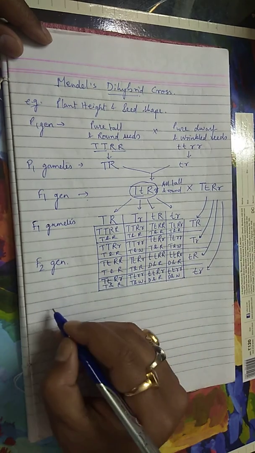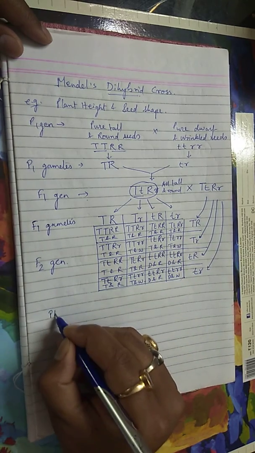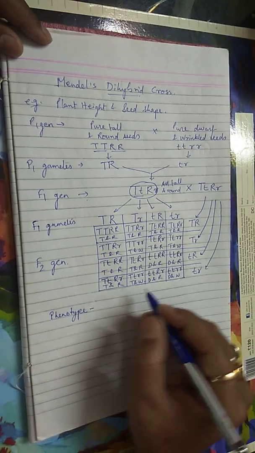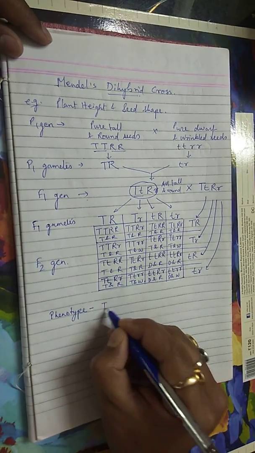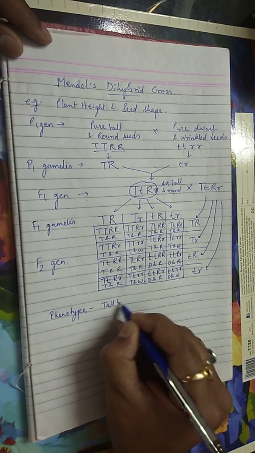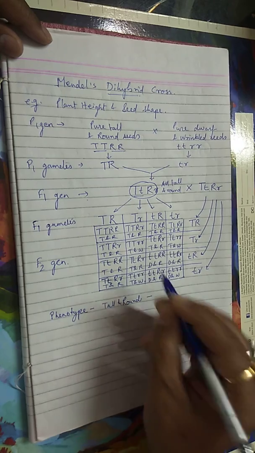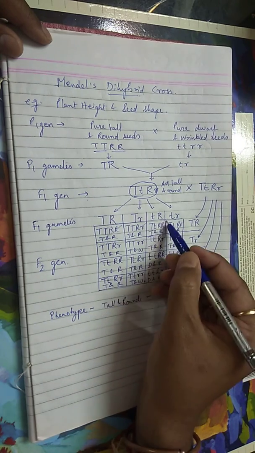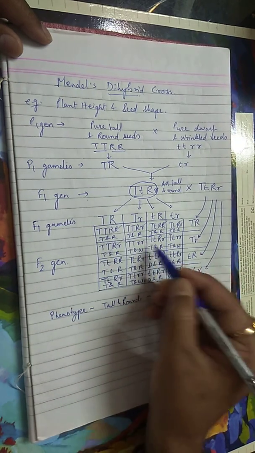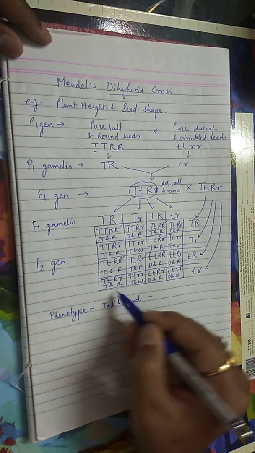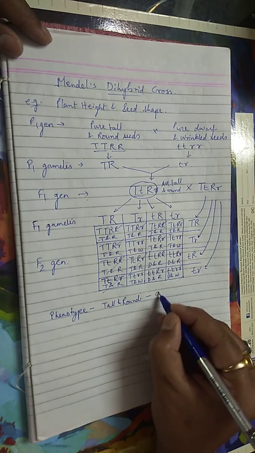So we are ready with it. What are the different types of phenotype we get? The phenotype we are getting here are tall plant producing round seeds. How many are there? 1, 2, 3, 4, 5, 6, 7, 8 and 9. So 9.